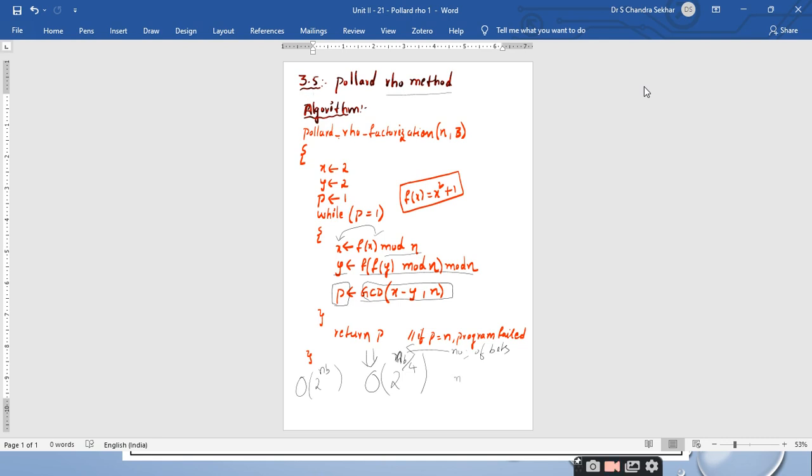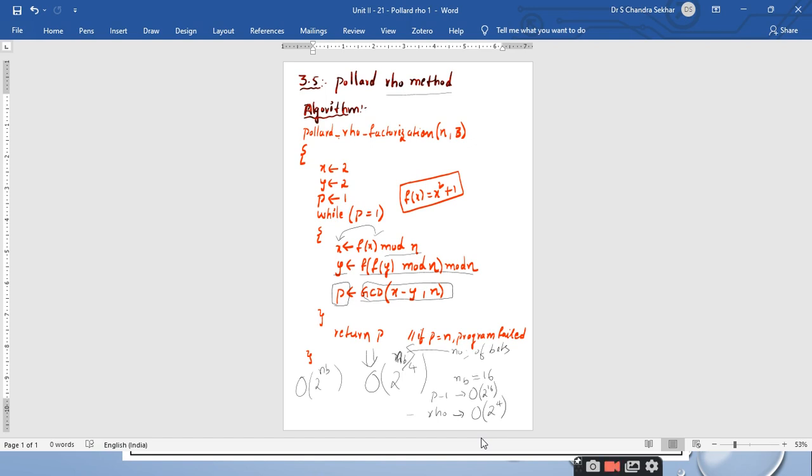Right. For example, let us take the number of bits as 16. By making use of the p minus 1 method, the complexity is big O of 2 power nb, which is 2 power 16. And if you take the RHO method, the author says it achieves it using big O of 2 power nb by 4. What is nb by 4? 16 by 4 is 4. Right.